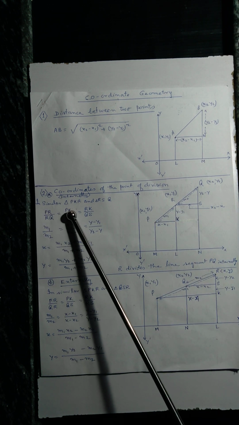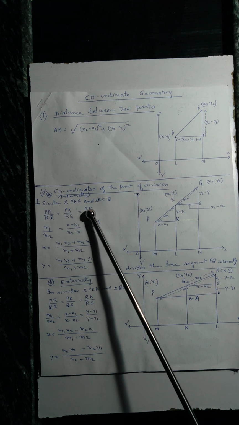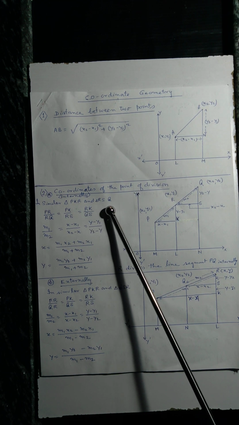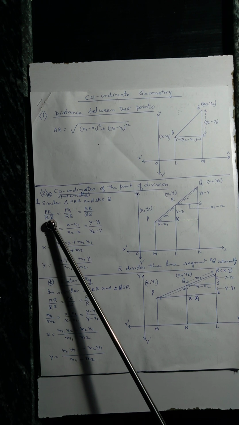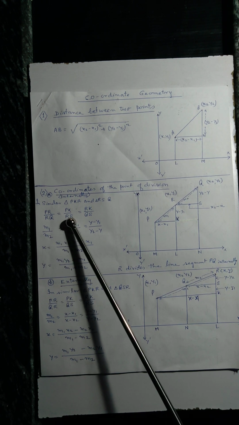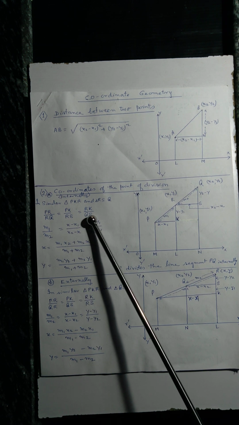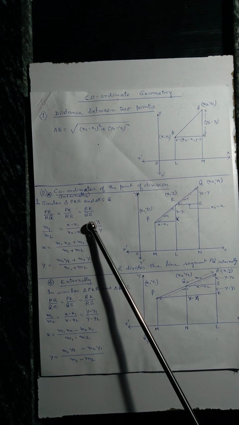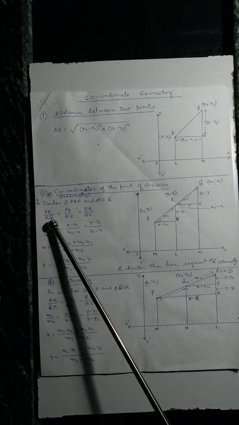So in similar triangles PKR and RSQ, PR upon RQ is equal to PK upon RS, which is equal to RK upon QS. As you know, PR is M1 and RQ is M2.